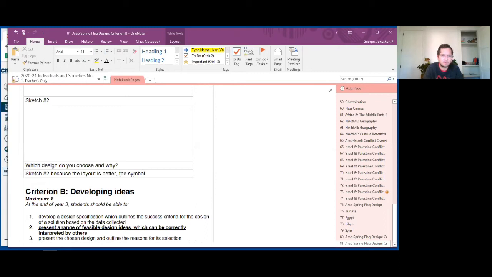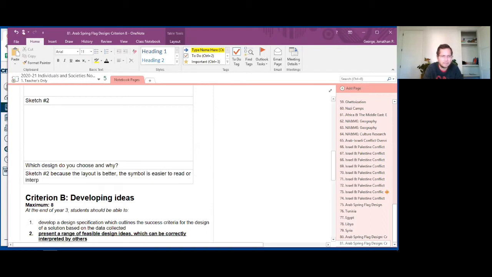The symbol is easier to read or interpret, and the colors seem more distinct, right? Now, obviously, I don't know what your flag is going to look like, and that's obviously not going to be your reflection, but that is an example of what you could do in that area.